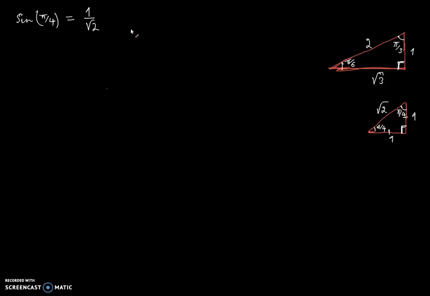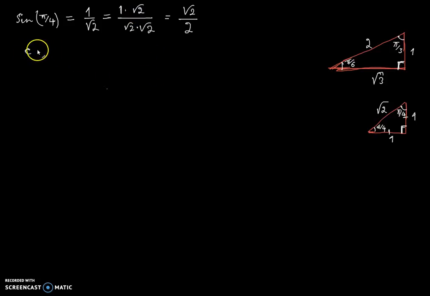And in some cases you can see this as root 2 by 2, because if you multiply the numerator and denominator by root 2, you get 1 into root 2 over root 2 into root 2. This would be 2, and this would be root 2 by 2. So 1 by root 2 is equal to root 2 by 2. In some books you see 1 by root 2, in some other places you might see root 2 by 2, which is basically the same thing.